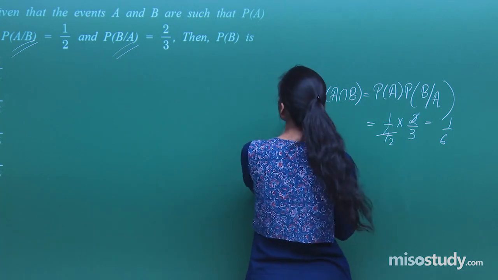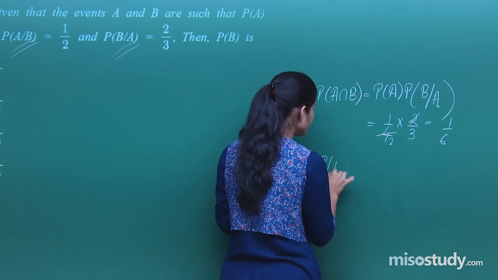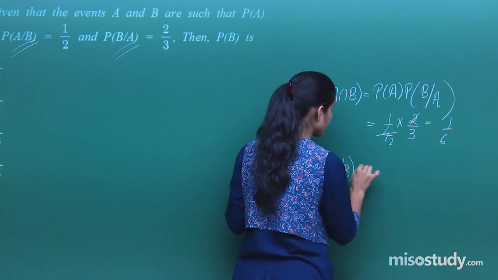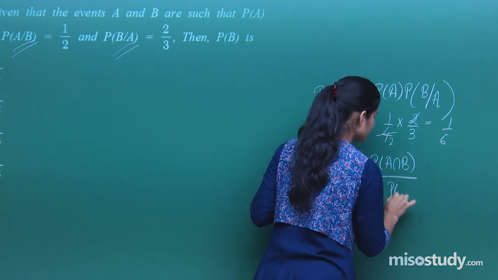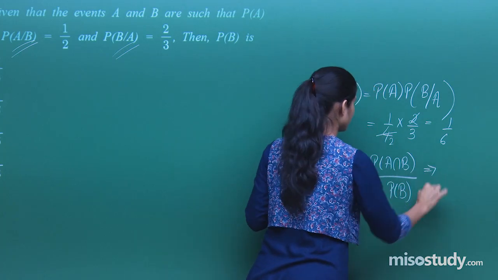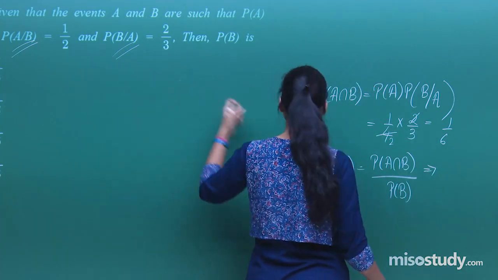Now I am interested in probability of B. I know that probability of A by B is probability of A intersection B upon probability of B. Probability of A by B is given as 1 by 2.